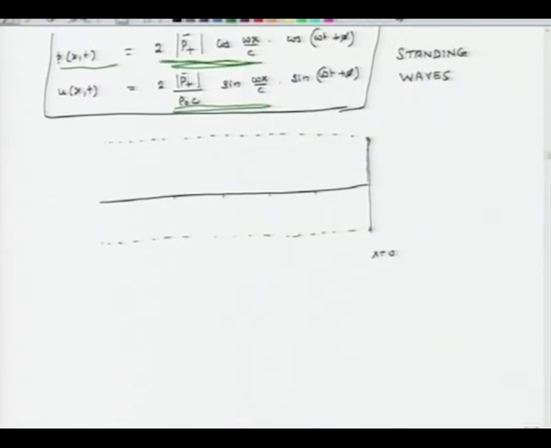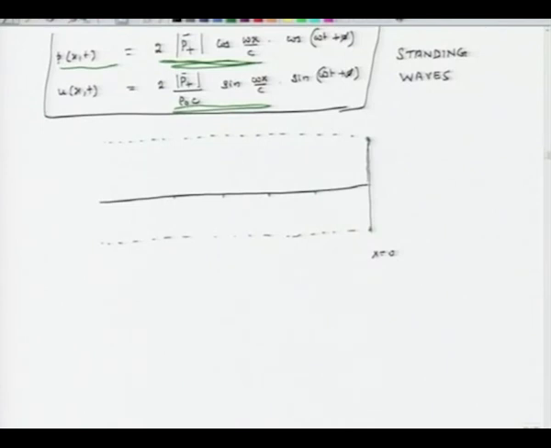Then at x equals lambda over 2, that pressure goes down to its negative value, and then at lambda it again comes back to its positive maximum. It varies something like this. Let us say here x equals lambda over 2, so it becomes 0.